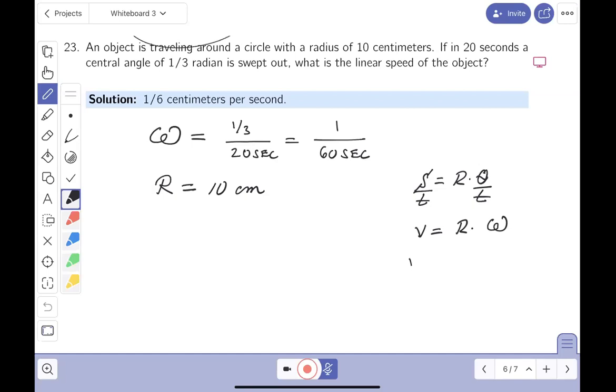We know r is 10 centimeters, and we know omega is 1 over 60 seconds. What do you get over here? You would get 10 over 60, which is 1/6. The bottom unit is seconds, and the top unit is centimeters. So it's 1/6 of a centimeter per second.